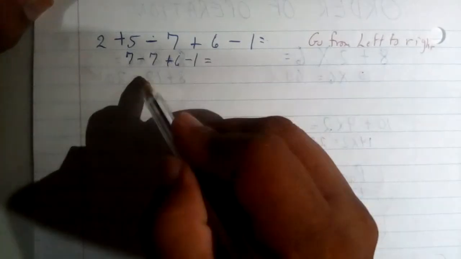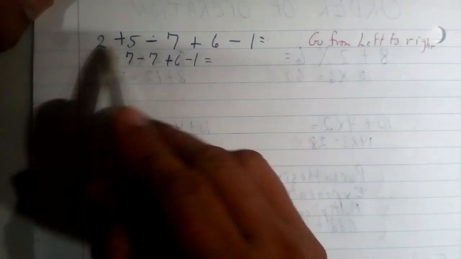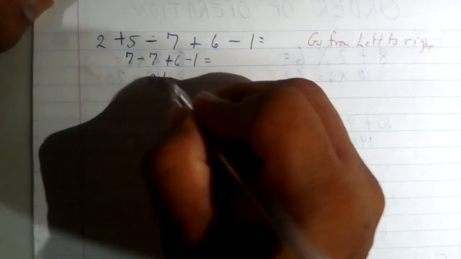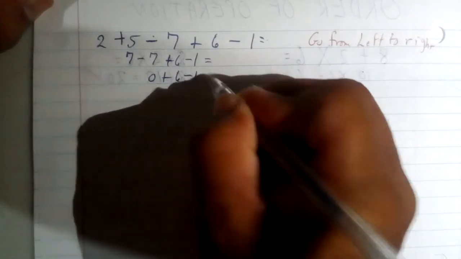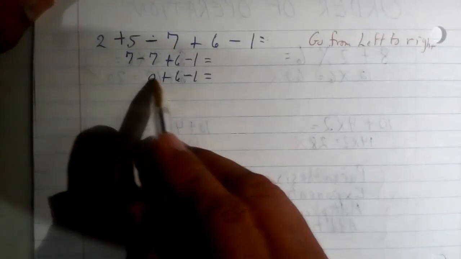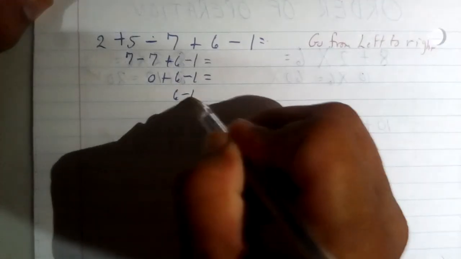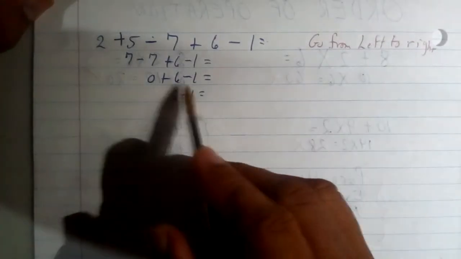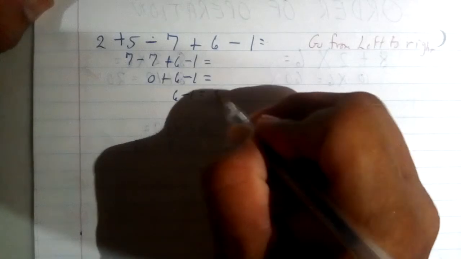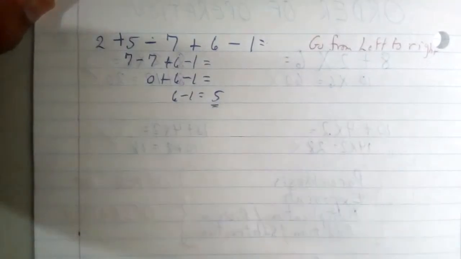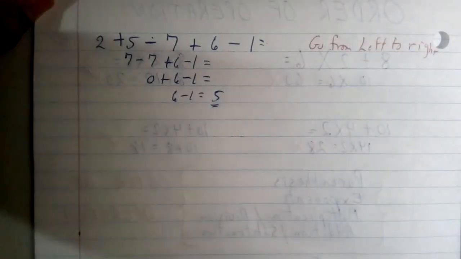Notice this 7 came from this 2 plus 5, and 7 take away 7 is going to give us 0 plus 6 take away 1 equals. So 0 could be disregarded and brought up to the next step, giving us 6 take away 1 equals. 6 take away 1 is going to give us 5. That's our solution based on our order of operations going from left to right.